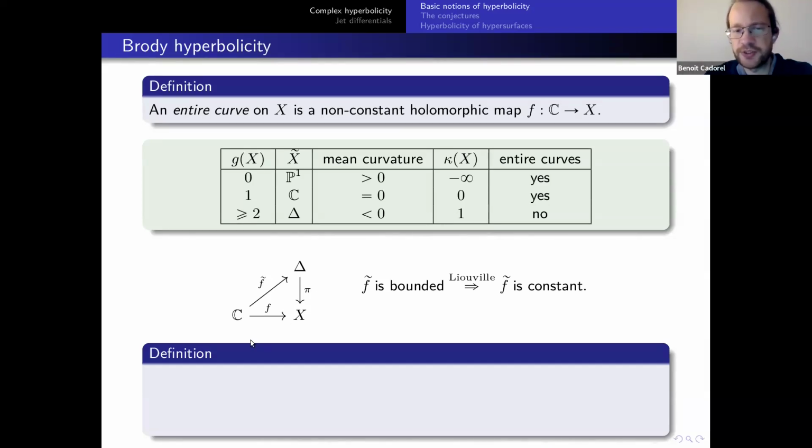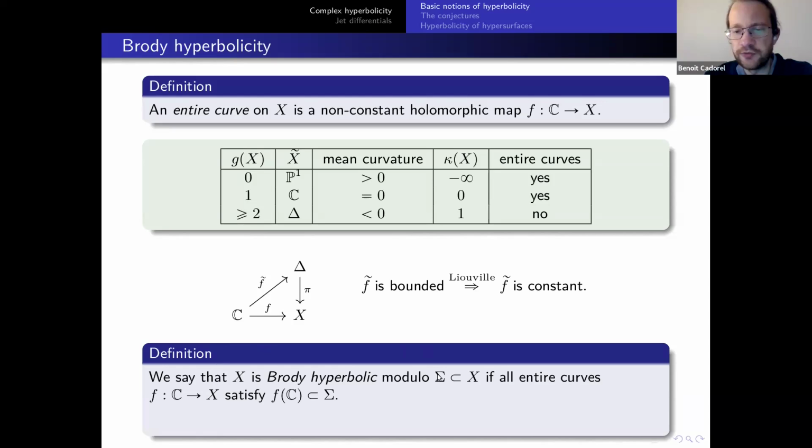We qualify this property of admitting no entire curves as a complex hyperbolicity property. And so we say that a manifold is Brody hyperbolic modulo a subset if any entire curve on X falls inside that subset.